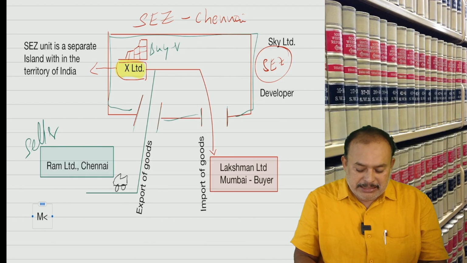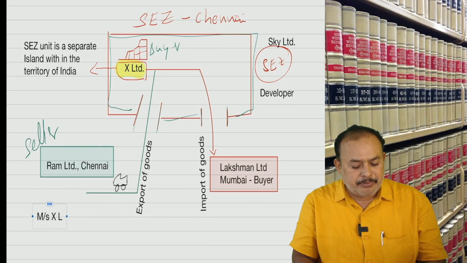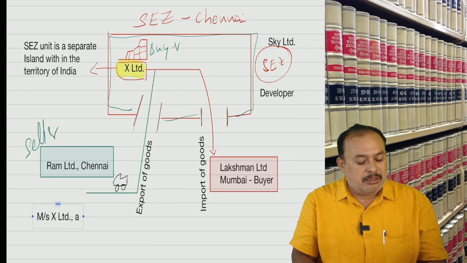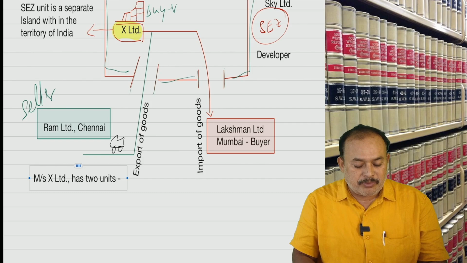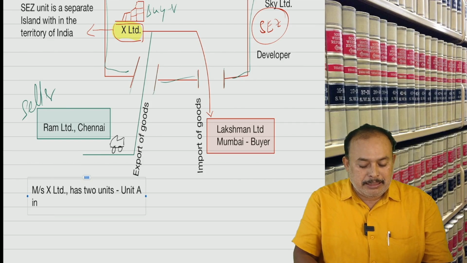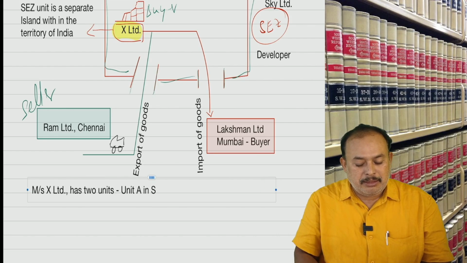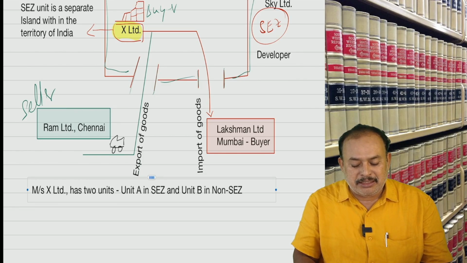Now, look here. X Limited has 2 units. What are the places? 1. Unit A in SEZ and unit B in non-SEZ.